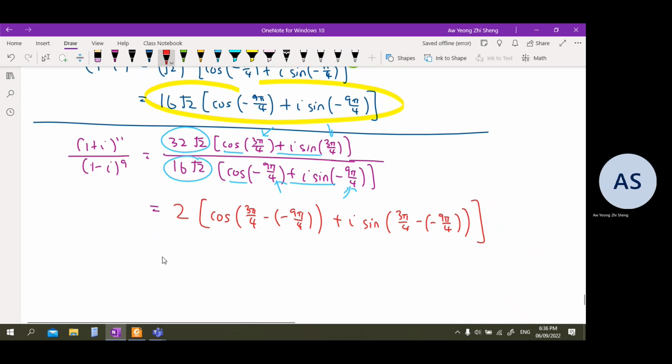So what do we have as the angle here? You have 3 pi over 4 plus 9 pi over 4. That gives you 3 pi.